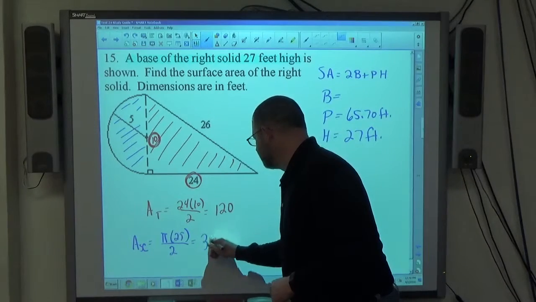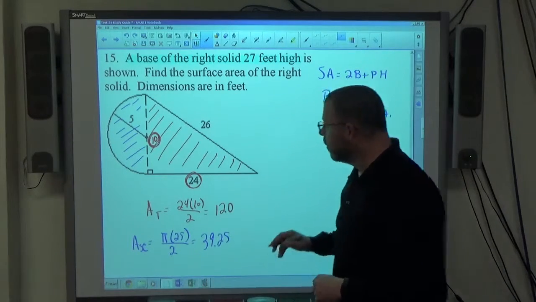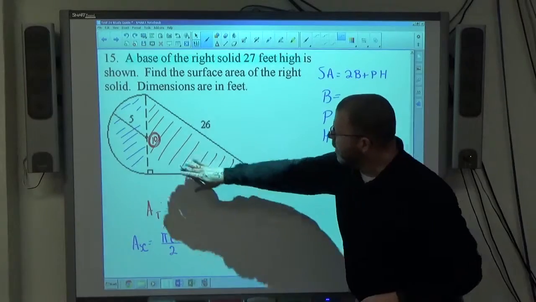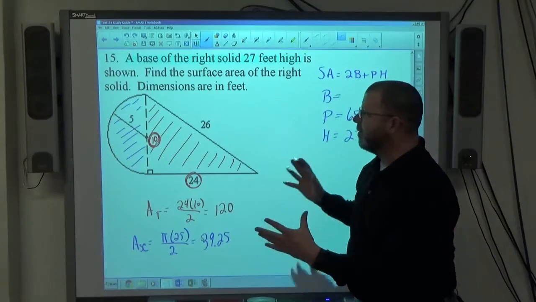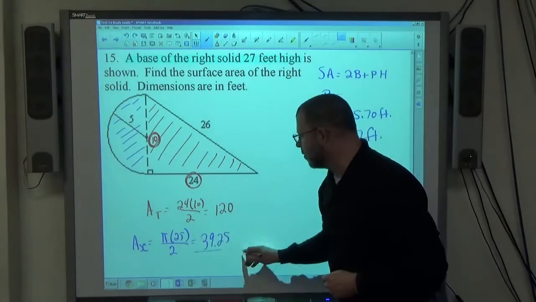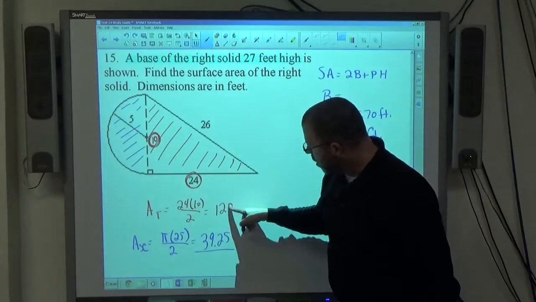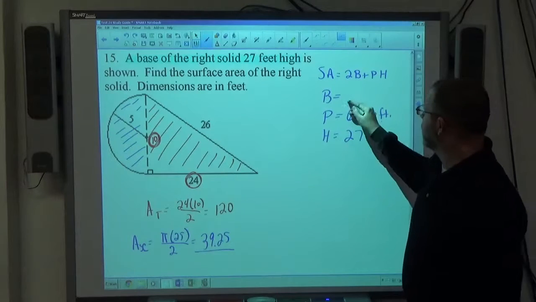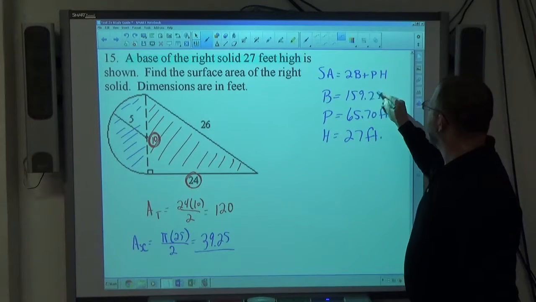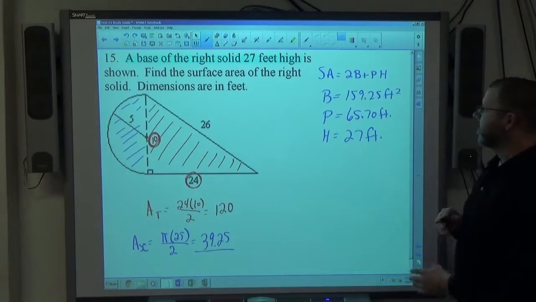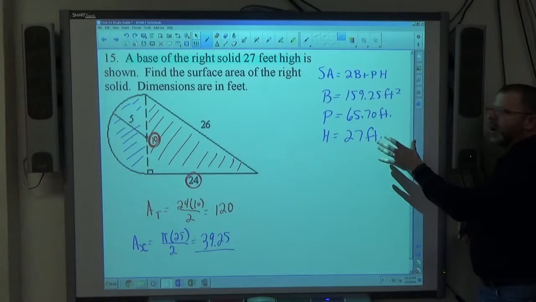Perfect. So the area of the triangle is 120, the area of the semicircle 39.25, the area of the whole shape is simply the sum of those two because both shapes together make the figure up. So 120 plus 39.25 makes 159.25 square feet.